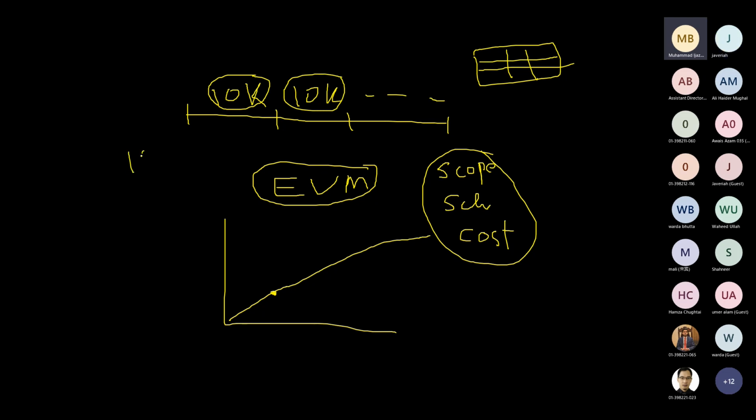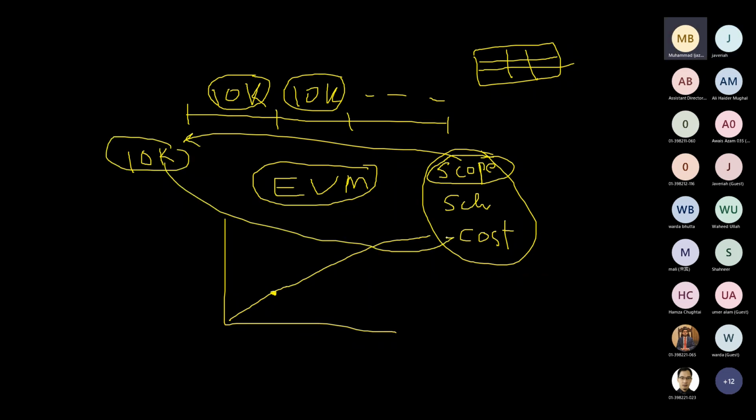You said 10,000 worth of work. So you are telling me that a total work or scope of 10,000, and 10,000 is the cost, is planned during the first month. That is the schedule. So we have combined the work, that is scope, the cost, and schedule all in terms of money. In the earned value management system, we convert the scope, schedule and cost, everything, in terms of money. Is it clear? Yes, sir.